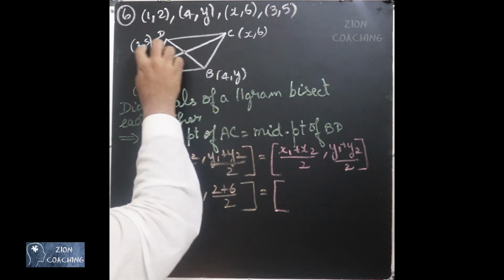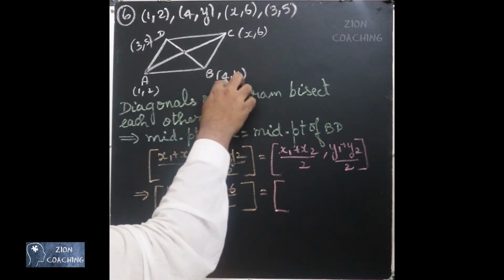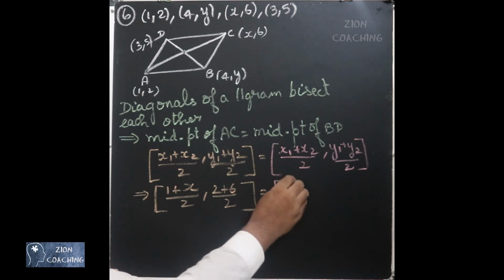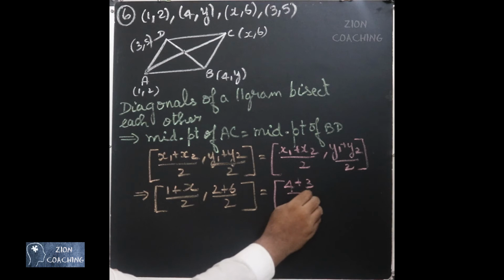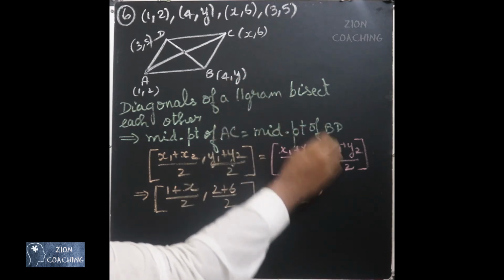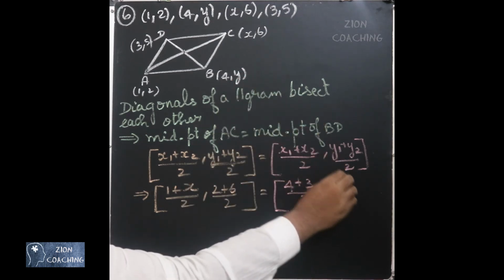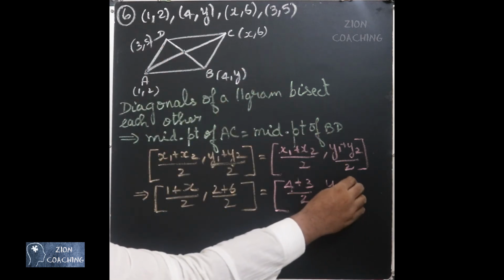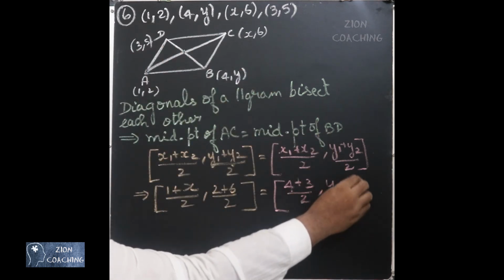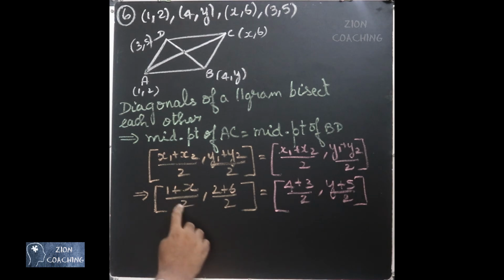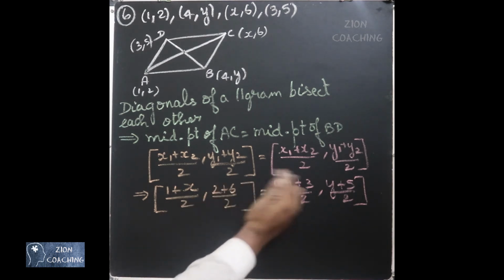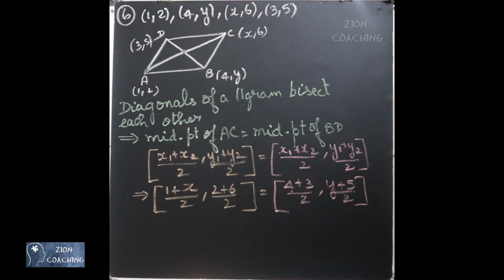Now when you take these two points, your x1 is 4, x2 is 3, divided by 2, comma, y1 is y, y2 is 5. When you compare and equate your x terms, you will get the value of x, and when you compare and equate your y terms, you are going to get the value of y.